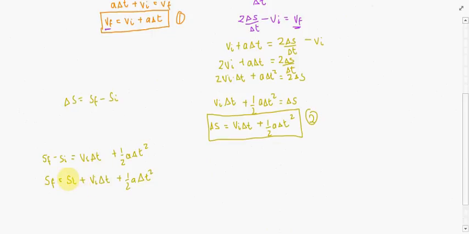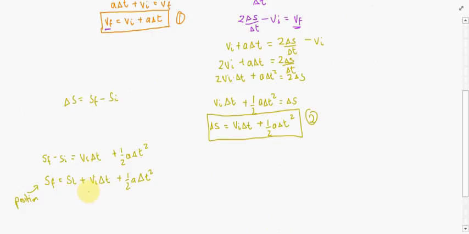The reason that this is a slightly more useful component is, in essence, you're describing the position of an object at any point in time, right?